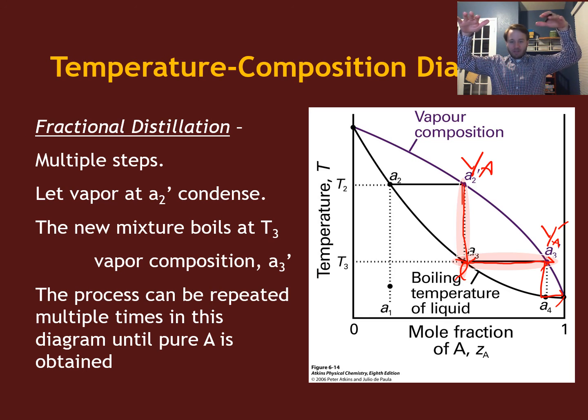Then you have another layer where you condense that and start boiling off, and so on, and keep on going until you eventually reach pure A at some higher level of this tier, for this multi-liquid mixture where you have multiple volatile liquids. And so I can use this fractional distillation, where I basically do distillation multiple times in a row in order to purify my liquid A.